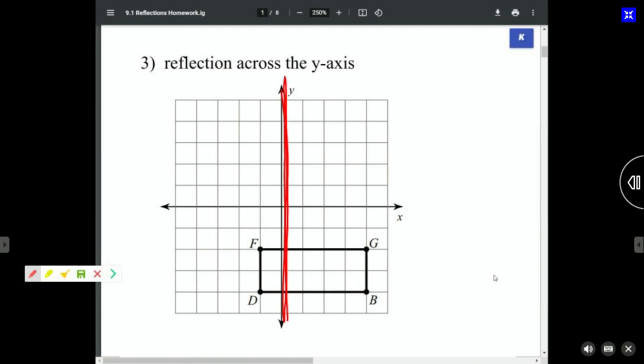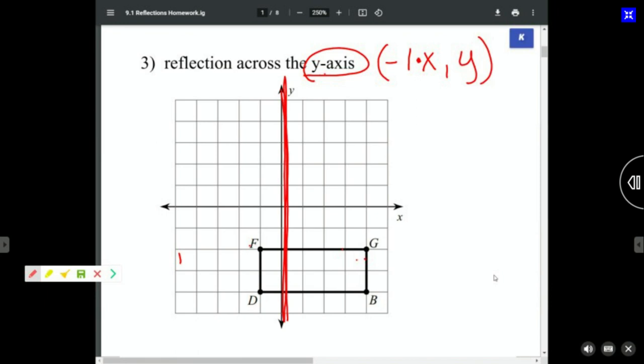So when I flip over the y-axis, these 2 points are going over here into quadrant 4, and these 2 are going to come over here into quadrant 3. Because when I flip across the y-axis, -1 times x and y stays the same, right?